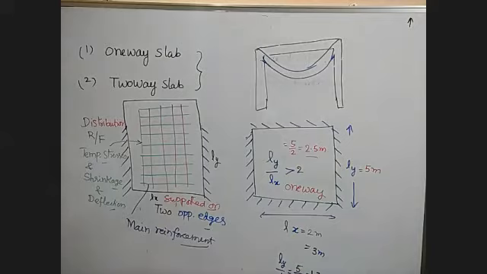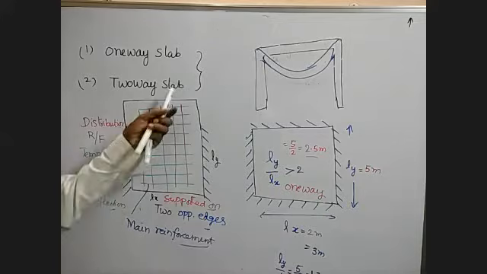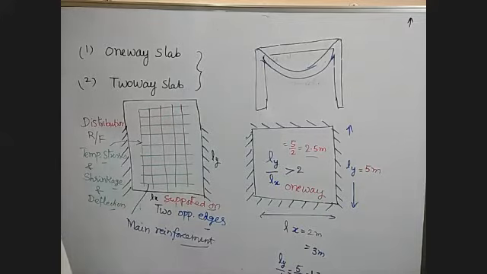So that is why, in addition to the main reinforcement, distribution reinforcement is also necessary to take care of the temperature stresses, shrinkage, and deflection. The distribution reinforcement is provided perpendicular to the main reinforcement. So one-way slab means you have bending in only one direction. Two-way slab means you have bending in both directions.